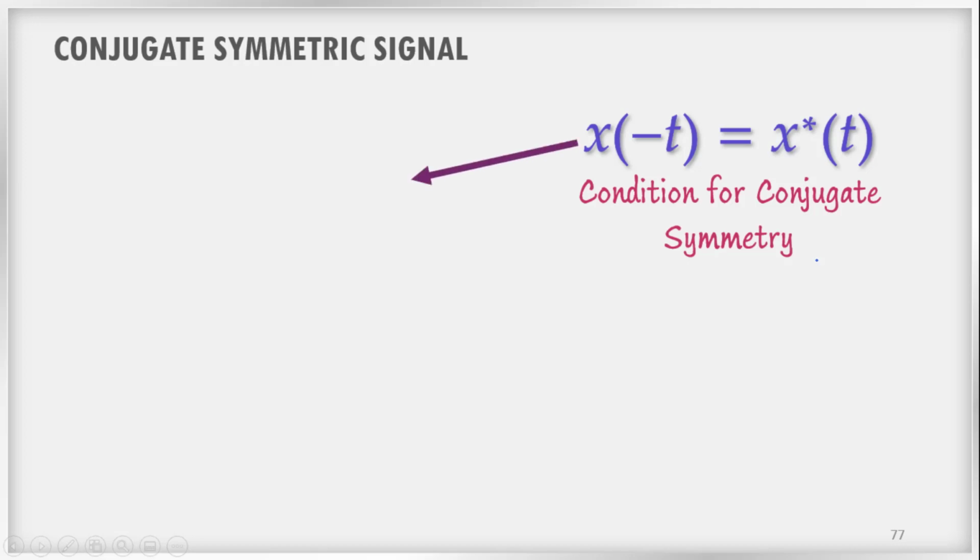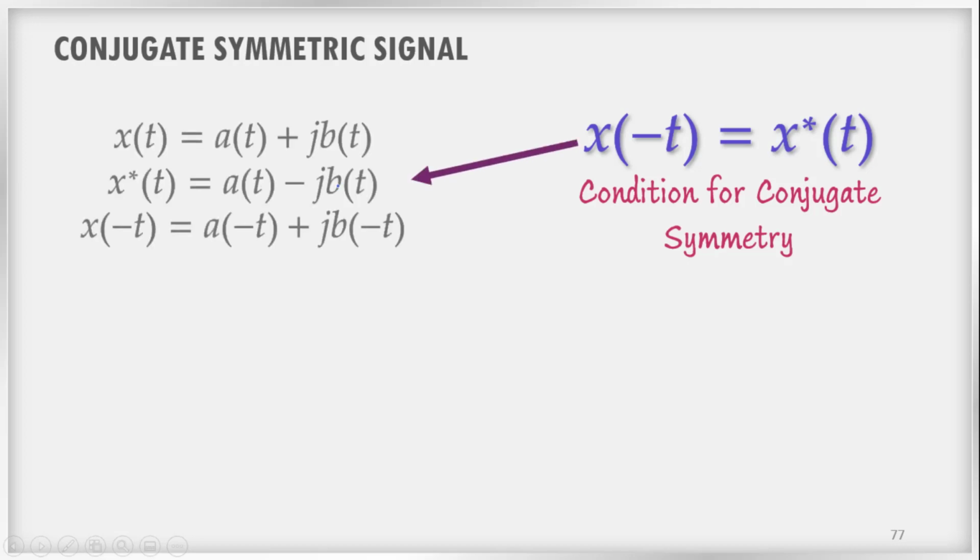Now we have x of t equal to a of t plus j into b of t. This x of t is a complex signal, and any complex signal can be expressed as the sum of a real part and an imaginary part.